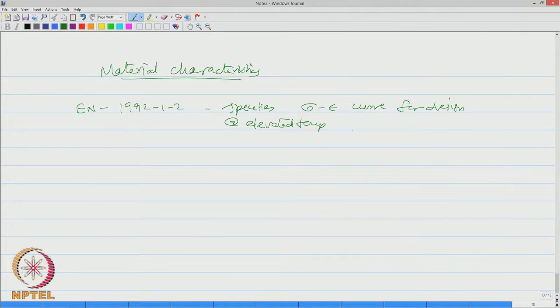Let us try to look at this curve. So, this is my strain value, my stress value. The typical curve looks like this, and drops off.